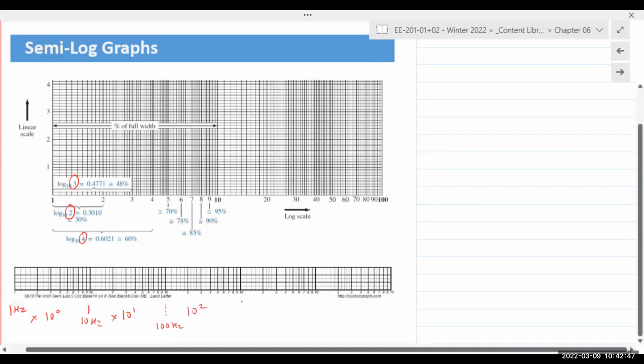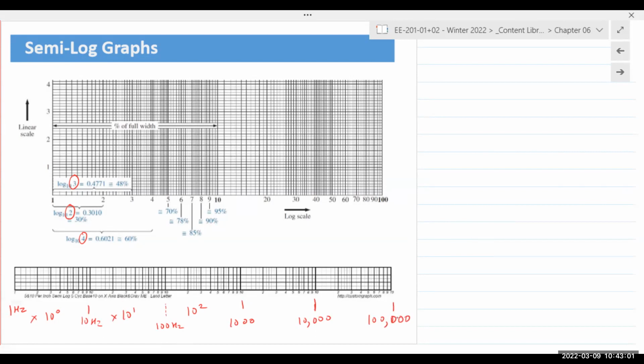Now the multiplier is 10 raised to 2: 1,000, 10,000, and 100,000 hertz. 10 raised to 5. So if I wanted to add on, I can keep extending the line. It's a multiplier. In the linear scale, we add, log scale, we multiply. So we're going all the way from 1 hertz to 100,000 hertz on the same chart. The x-axis is now compressed, so I could plot everything in range.